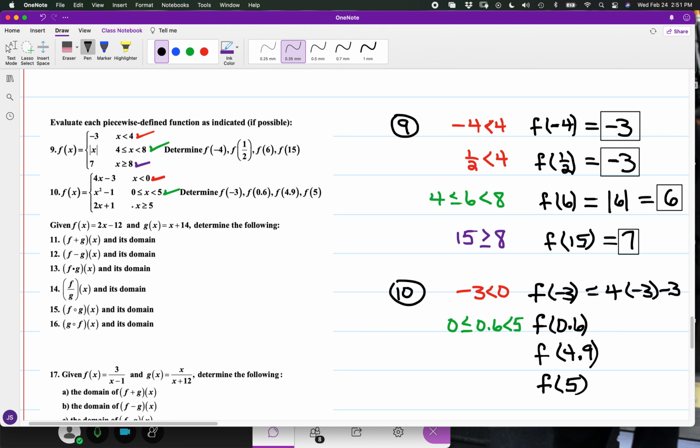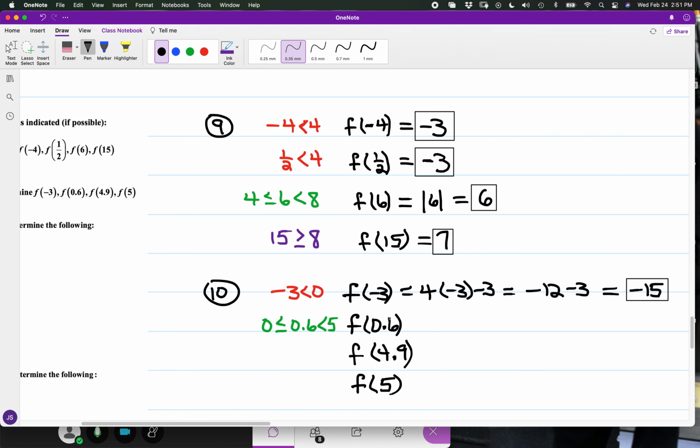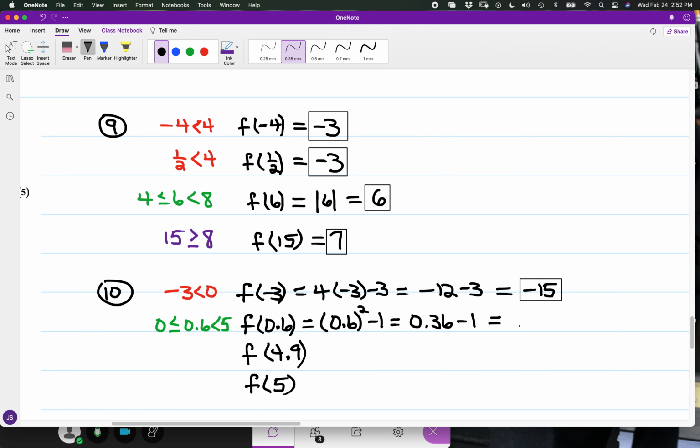And so we're going to apply the x squared minus 1 treatment with x at 0.6. So for 0.6 squared, you have 0.36, take away 1, and so in this case you have minus 0.64.